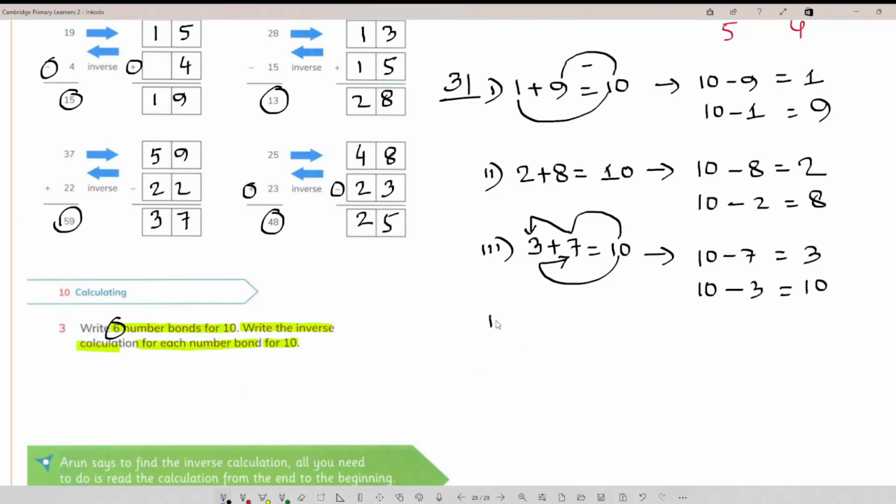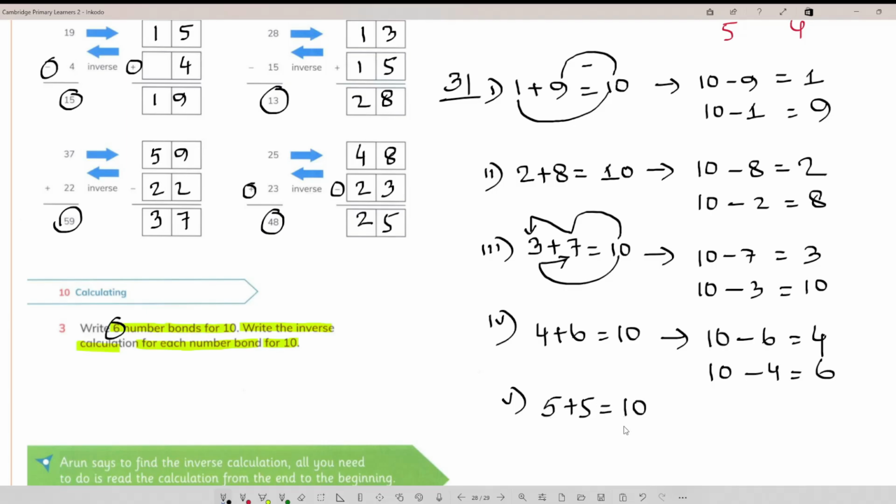Right? Number 4. 4 plus 6 equals 10. Similarly, 10 minus 6 equals 4. Again, 10 minus 4 equals 6. Right? Number 5. 5 plus 5 equals 10. It's a simple thing. 10 minus 5 equals 5.